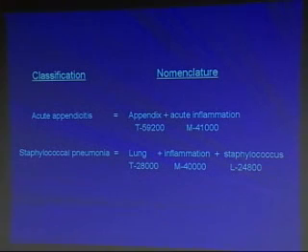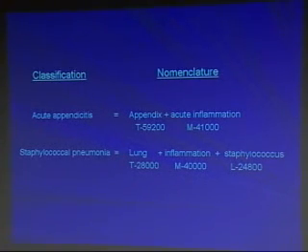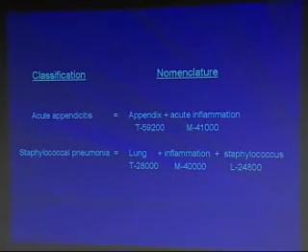And staphylococcal pneumonia, well, it's the lung. There is inflammation, that's what the pneumonia means, and it's due to staphylococcus. And I didn't break it down further than staphylococcus as a genus, because there are many, many species. The most important one would be Staphylococcus aureus, the golden staphylococcus. Anyhow, so we can go to the bugs galore.